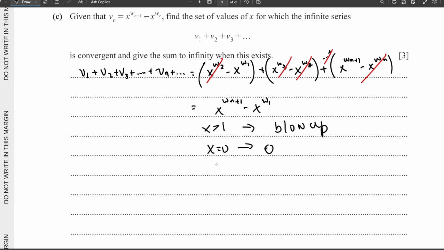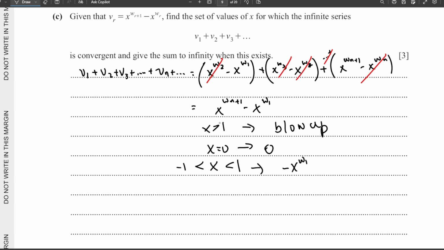Then when x is between -1 and 1, we know that when a number between these values is multiplied by itself, it gets even smaller, and when it's multiplied by itself to the magnitude of Wn plus 1, which is a very big number, this will essentially go to 0, and the only term that will significantly exist there will be the negative x to the power W1, right?